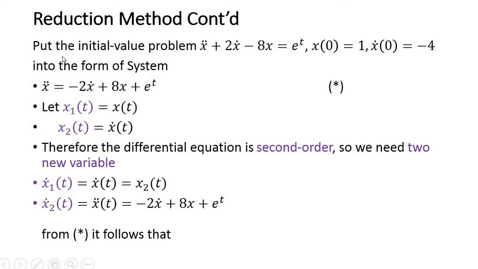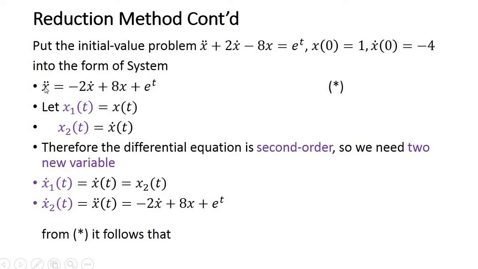You want to put the initial value problem x double prime plus 2x prime minus 8x equals e to the t into a system. We are also given the initial conditions. First step, you write this problem with the highest derivative as the subject.